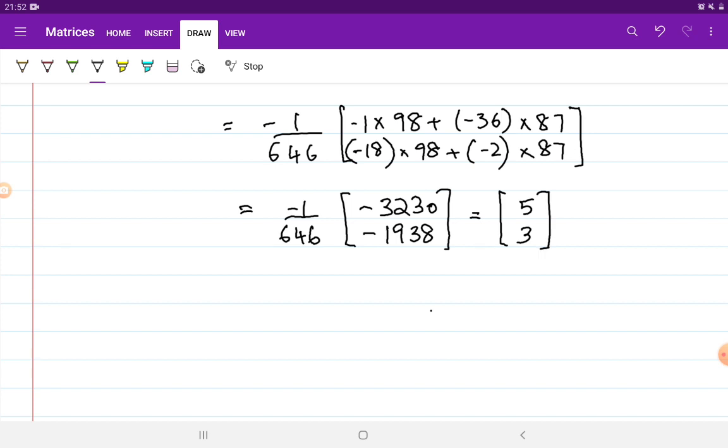If you notice, the scalar coefficient outside has a negative sign, and the terms inside the matrix are negative. So negative into negative gives positive 5 and positive 3. And like I said, it is the price of beef and the price of pork. So that is your final answer. 5 and 3. That's it.